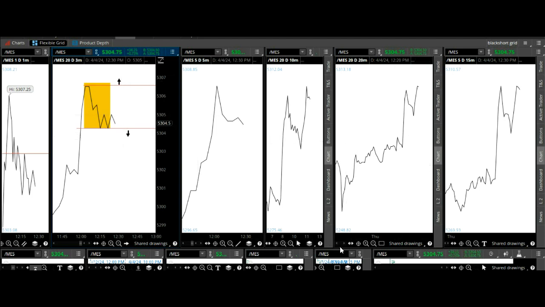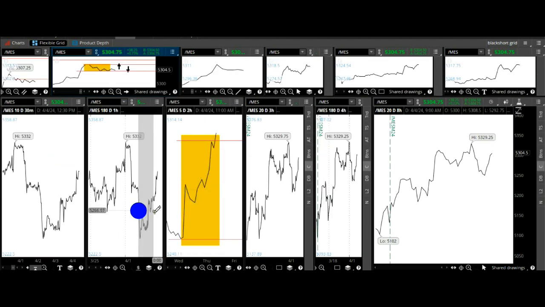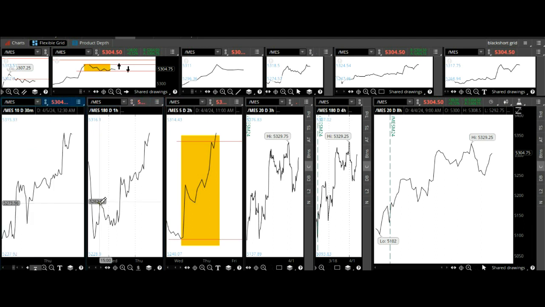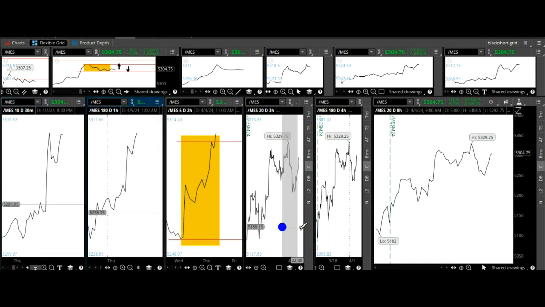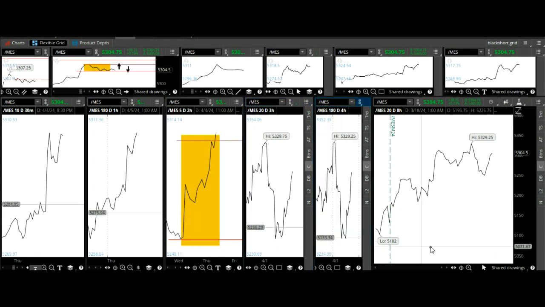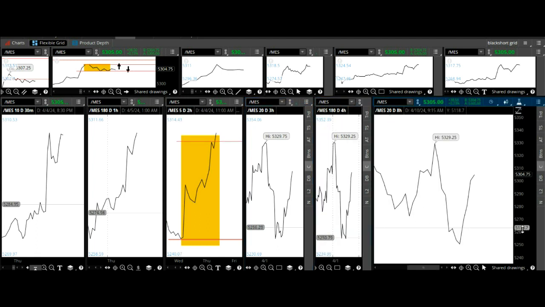So today I wanted to illustrate the fractals that are evolving everywhere. Fractals, more fractals, more fractals. They're everywhere. And what you have to do, you try to find the clear fractals that you can do a trade on.